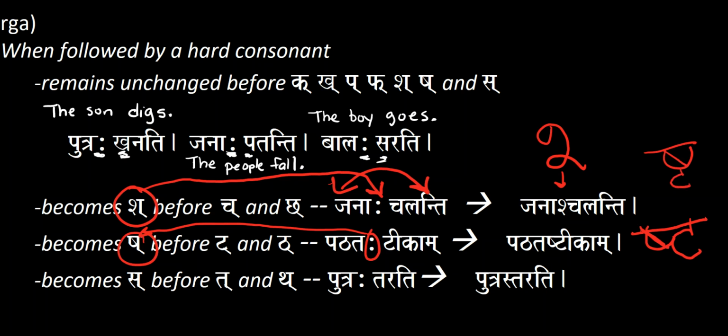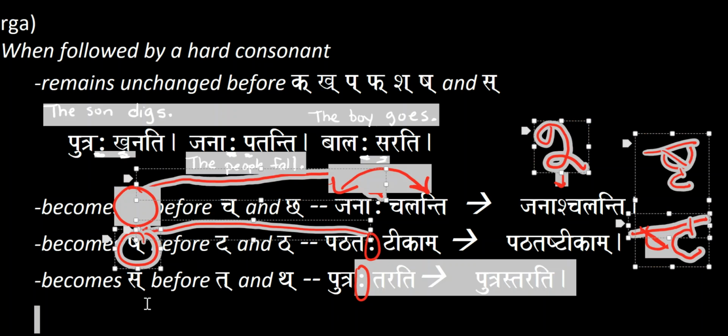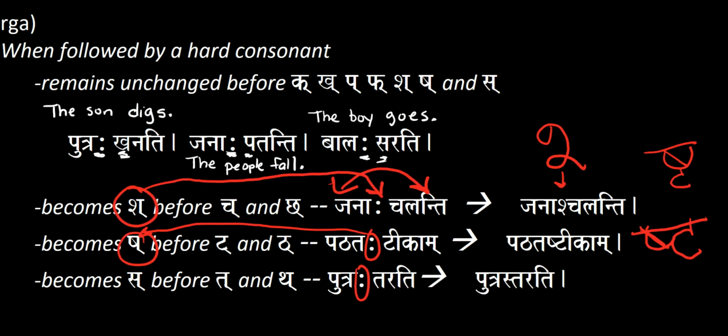Then we have the last rule, that the visarg becomes a sa before a ta and tha. So we have putraha tarati becomes putras tarati. So the visarg turns into a half sa, and then the two words are joined together again, and the pattern continues.